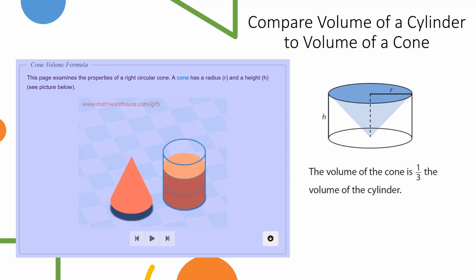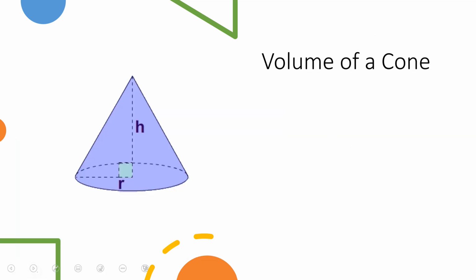The cone has the same radius and the same height, and we can fit 3 of the cones into one cylinder. So what that tells us is that the volume of the cone is equivalent to 1/3 of the volume of the cylinder. So, therefore, we can easily write a formula to find the volume of a cone.